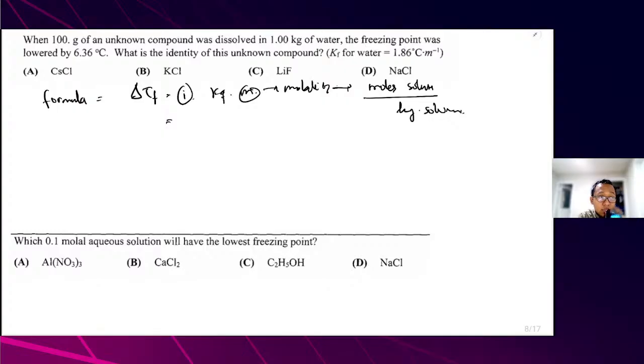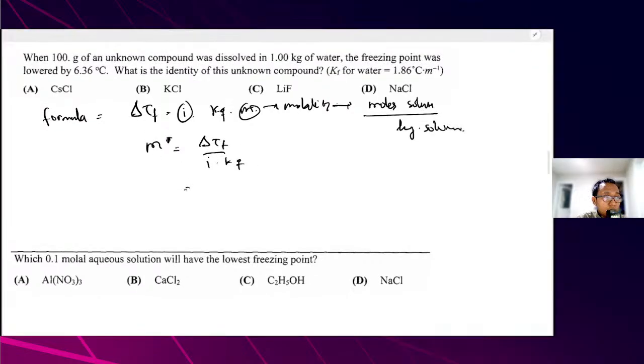So let's put it here to get the molality. The question is the identity, so we need to get the molality first. To get m, we use delta Tf, i and Kf.